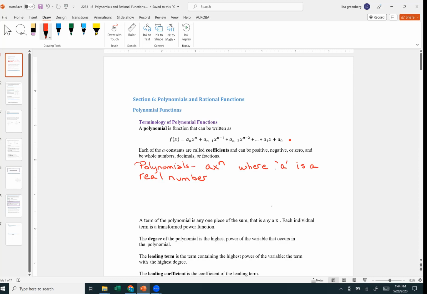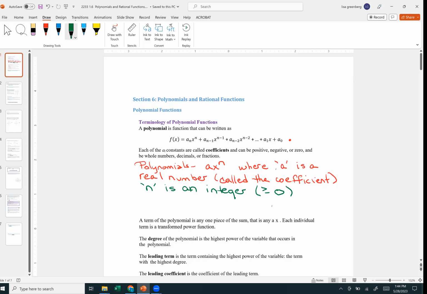Okay. A is a real number, also called the coefficient. Okay. And n is an integer, but that integer has to be greater than or equal to 0.